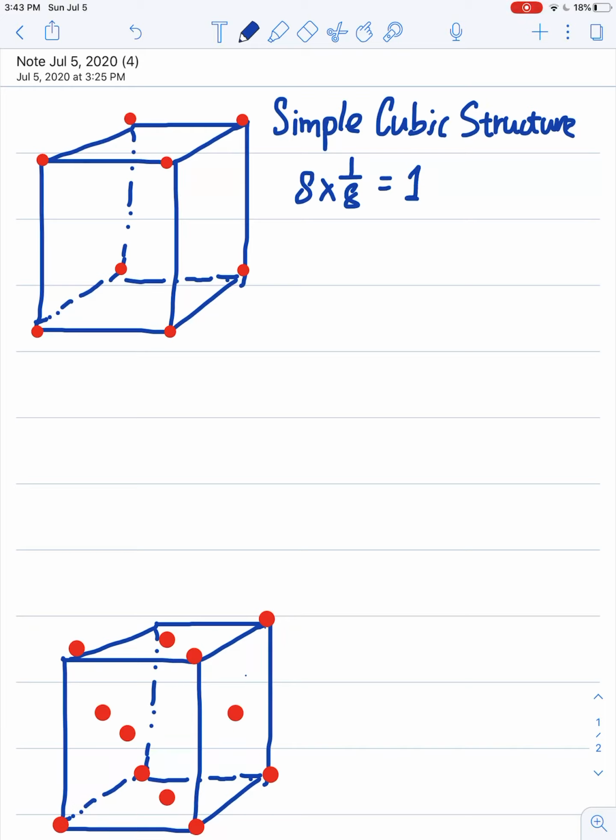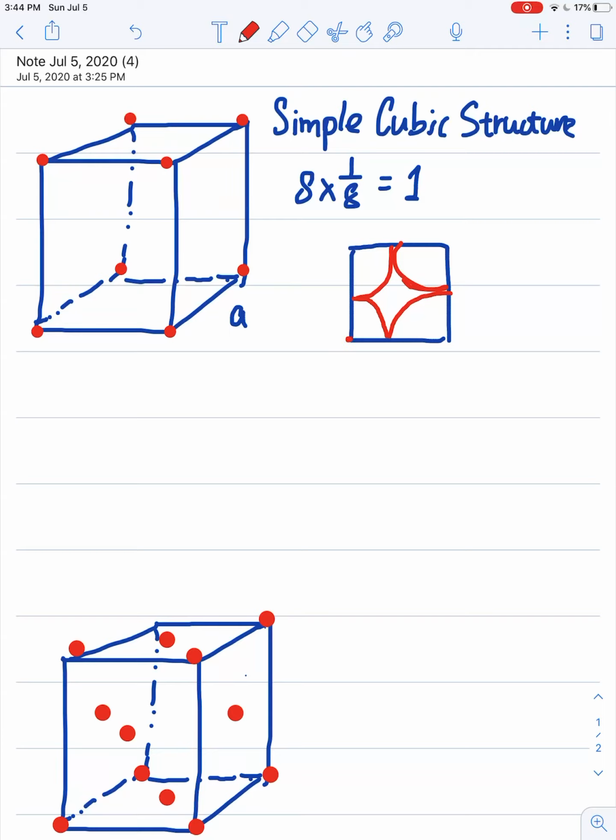Okay, now let's figure out, if we know the length of this unit cell is A, what is the relationship between A and R? In this case, it's going to be relatively easy because it's a more simple structure. If we look at just one side, any side of this cube, the atoms are going to touch each other. Yes, this is not a very good drawing, but let's deal with that.